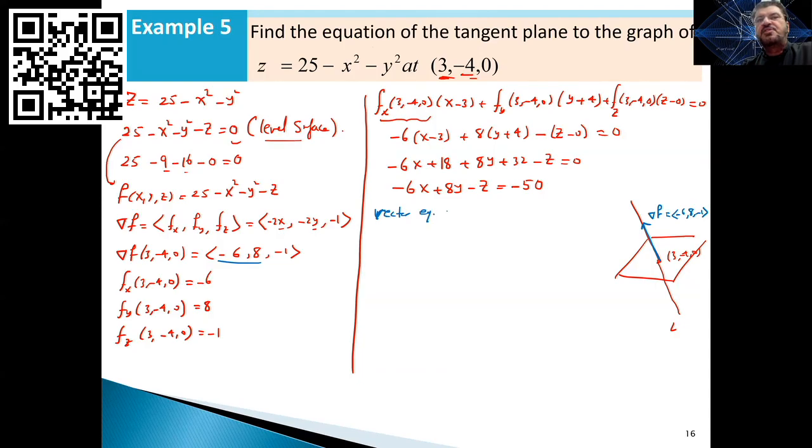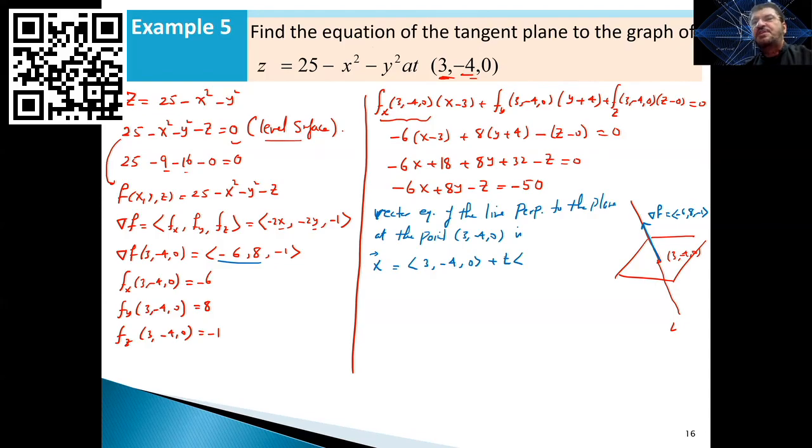Vector equation of the line perpendicular to the plane at the point, which point? 3, -4, and 0. X equal to the point, which is 3, -4, 0, plus t times the gradient, which is -6, 8, and -1.